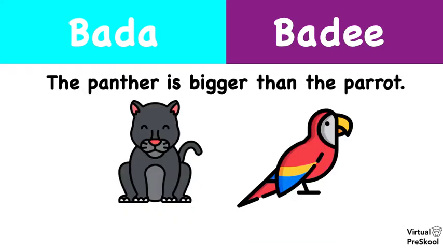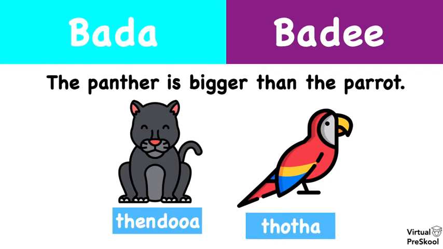Now let's do another one. The panther is bigger than the parrot. Panther in Hindi is tendua. Parrot is tota. So would we use bada or badi? Well, the sentence is about the panther. And what is panther in Hindi? Tendua.